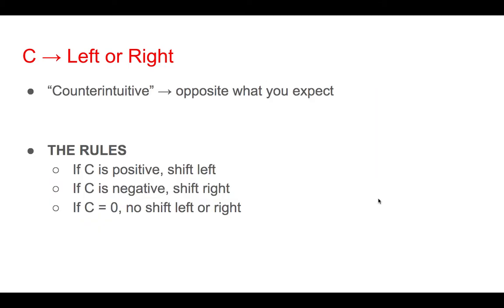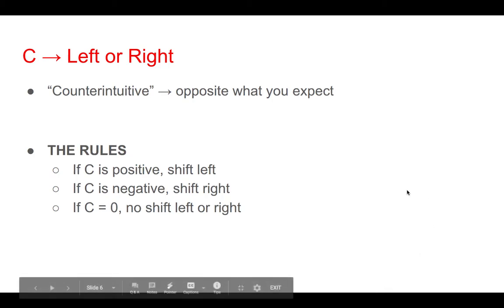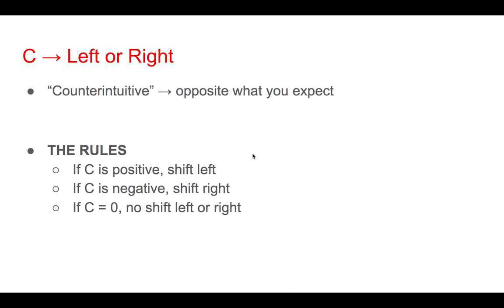So remember our keyword here for C was counterintuitive, meaning this is opposite what you expect. So this is the only thing that trips people up for transformations from C. C is opposite. So our rules, if C is positive, we're shifting to the left. This is not normal, right? Normally, our positive numbers go to the right.